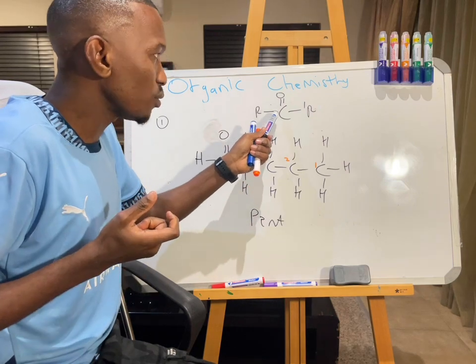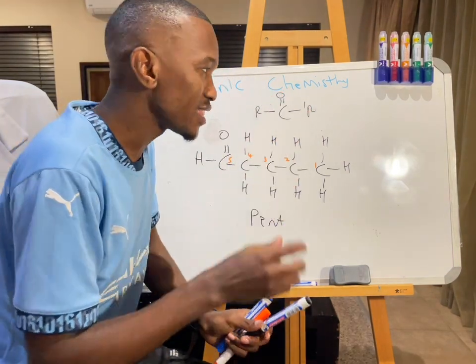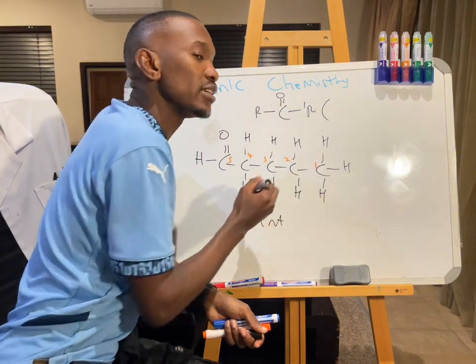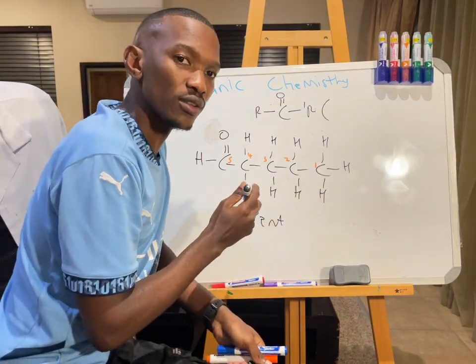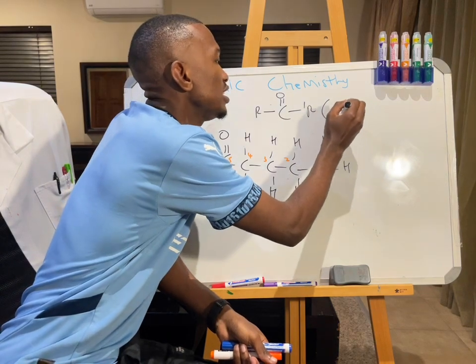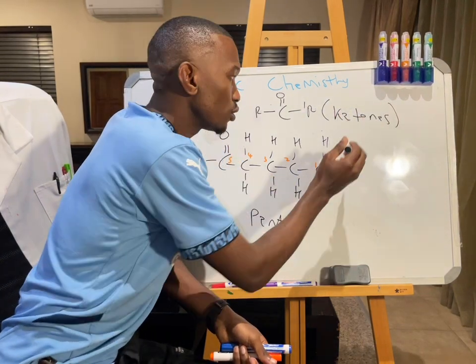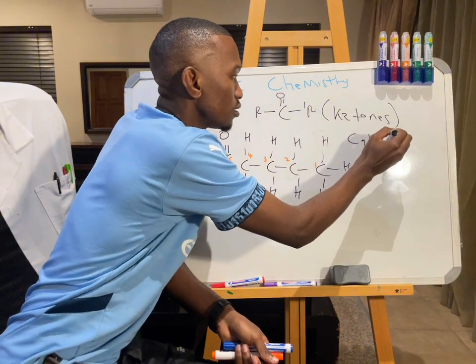A carbon that has the double bond of oxygen surrounded or attached to 2 carbon atoms, the name of that homologous series or that organic compound falls under whom? Ketones. The functional group of ketone, we call it carbonyl.